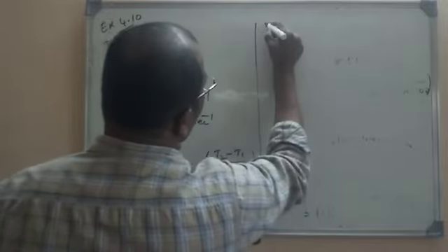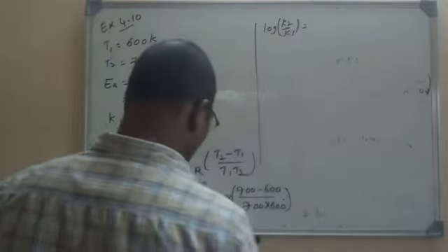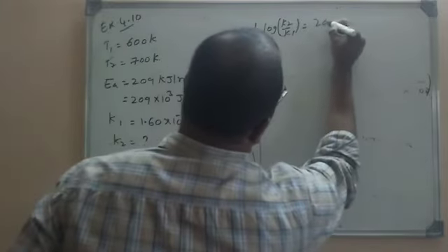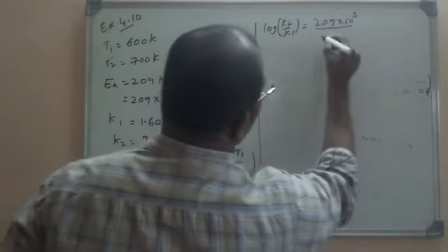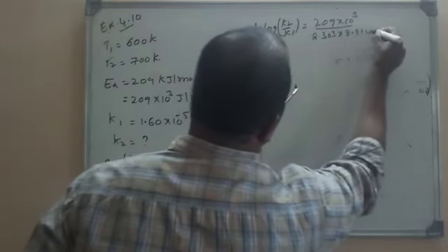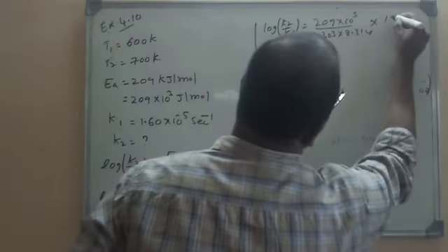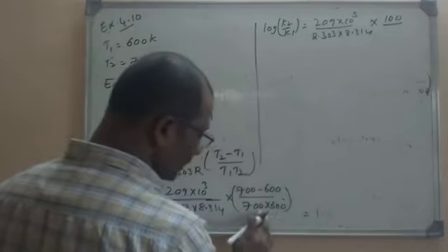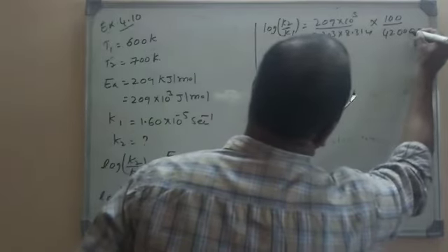Now logarithm of K2 by K1 is equal to 209 into 10 power 3 divided by 2.303 into 8.314 into (700 minus 600), which is 100, divided by 7 6s are 42 and how many zeros? 4 zeros.